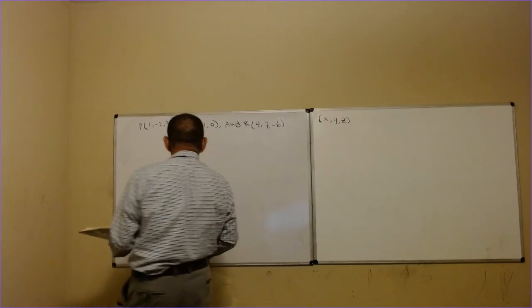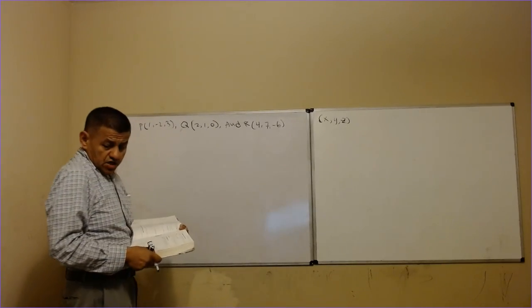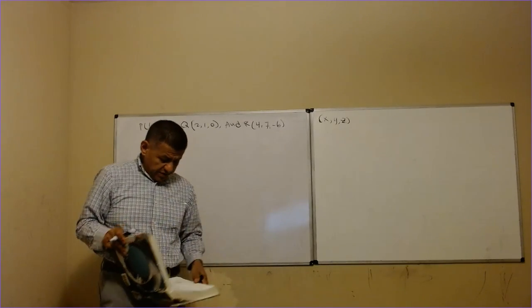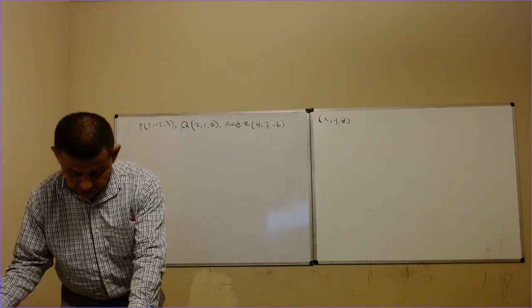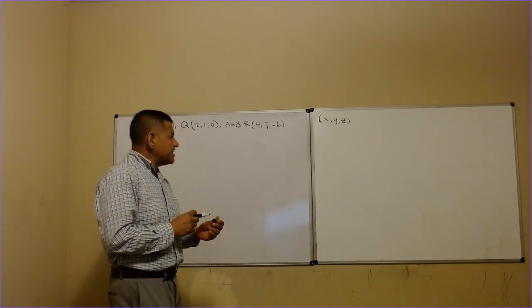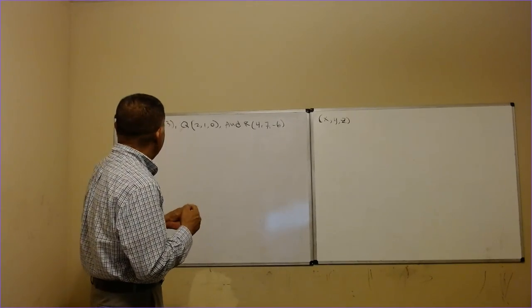So here, basically what we're doing is we will find the difference between those points. We will write these vectors like this.